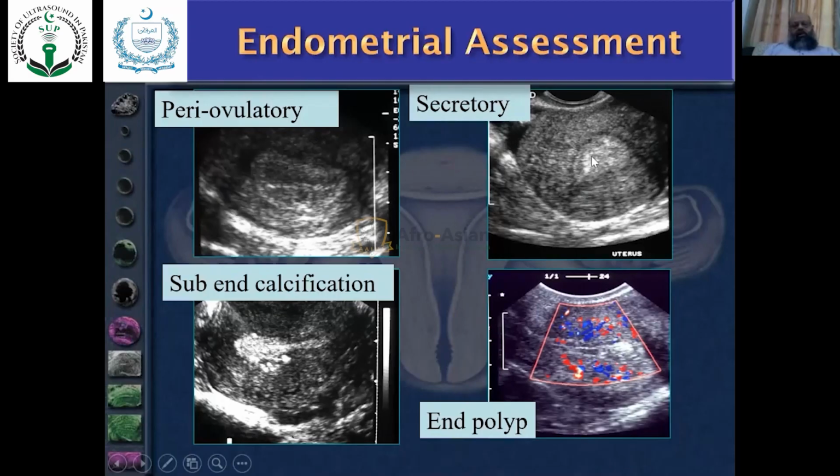There is excretory phase, hyperechoic subendometrial calcifications. These are the calcifications. And here is a polyp, endometrial polyp inside the endometrium.